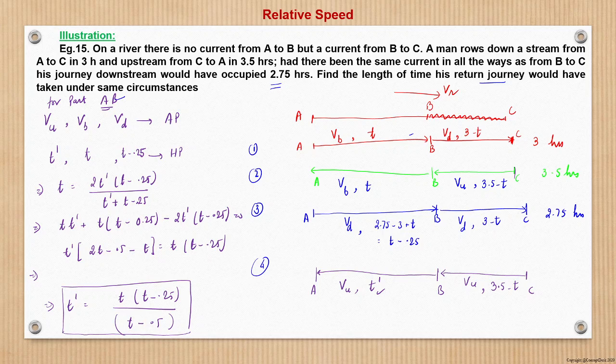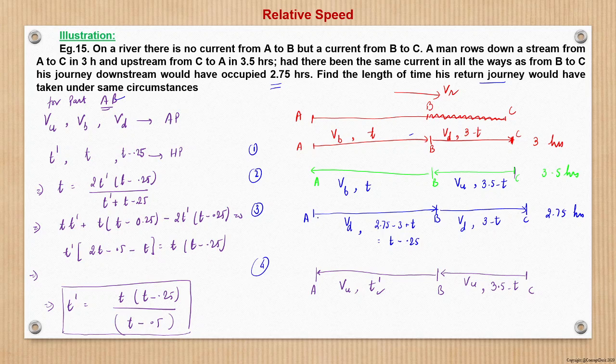Now after having done this, we have to find the length of the time his return journey would have taken. So this t dash now we know, and this 3.5 minus t we know. So after this, one more condition we will use. Now see what happens here.